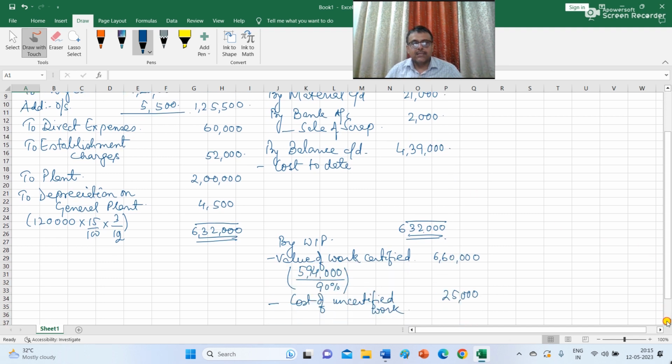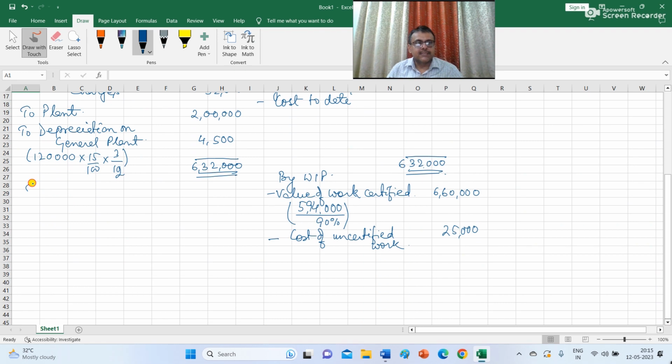Now I have to write this figure on the debit side as to balance BD cost to date, and the amount 4,39,000. Now this is the second part of the contract account, and the balancing figure here represents the accounting profit.